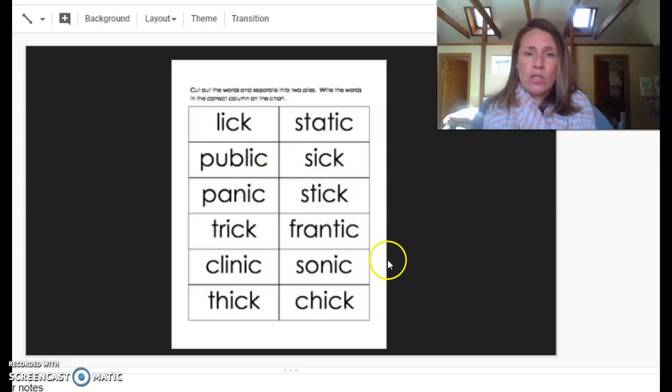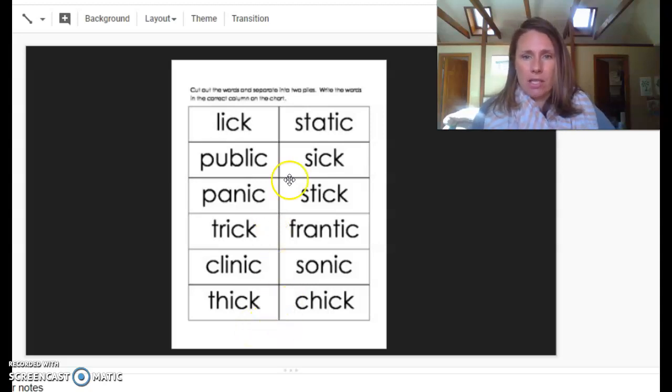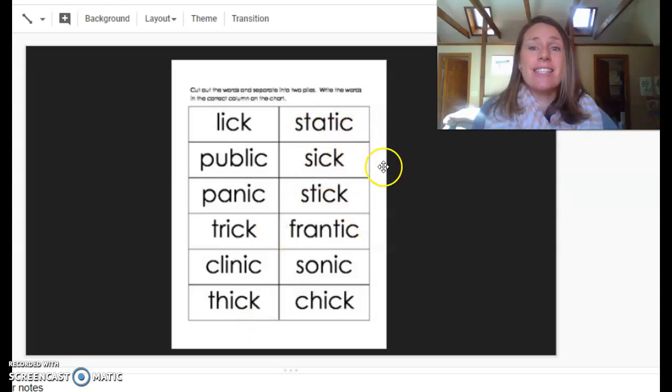Let's read through these words. I want you to read me all the words that are just one syllable. Lick, trick, thick. They all have CK at the end. They're one syllable. Let's look at this column. Sick, stick, and chick. Good.